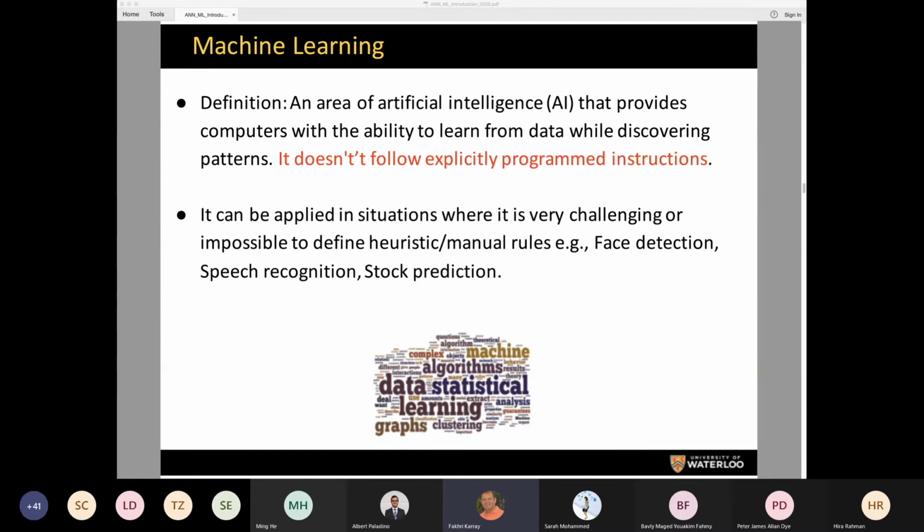So it doesn't follow explicitly programmed instructions. Why am I mentioning this in red? Because the red components pertain to pattern recognition. Pattern recognition is related to the implementation of algorithms in the sequential computer developed by von Neumann. It could also be applied to neural networks, as we are going to see later. But this red statement here, it doesn't follow explicitly programmed instructions.